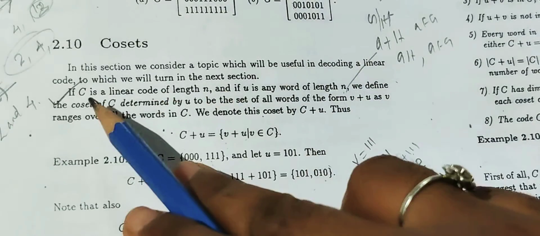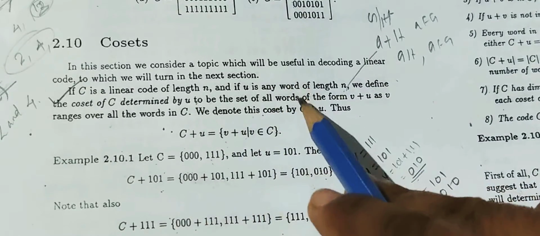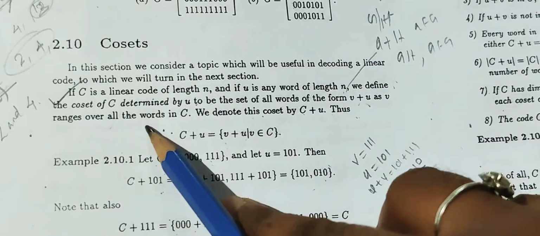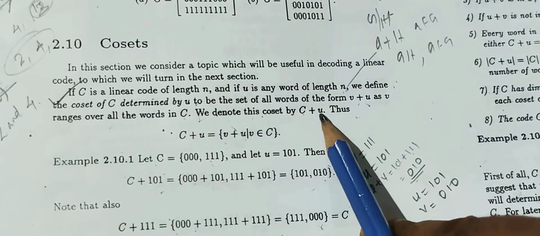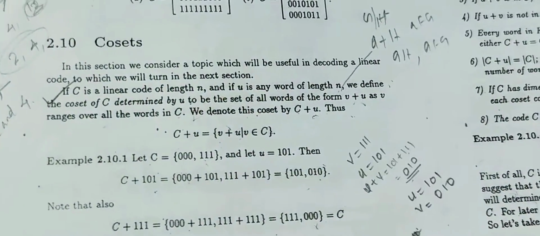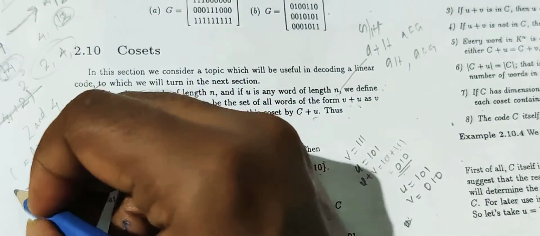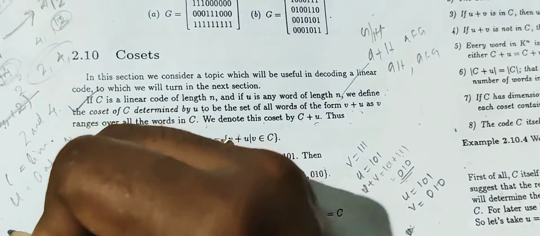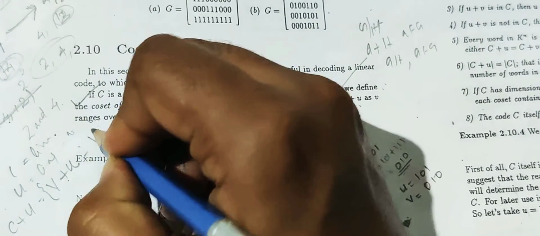We define the coset of C determined by U to be the set of all words of the form V plus U, as V ranges over all the words in C. We denote this coset by C plus U. Okay, C is a linear code and U is any word of length n. And C plus U is of the form V plus U, such that V belongs to C.